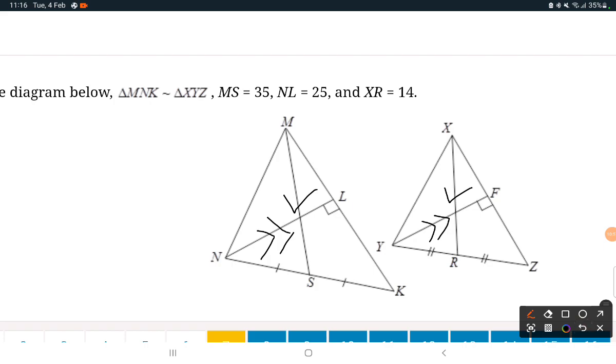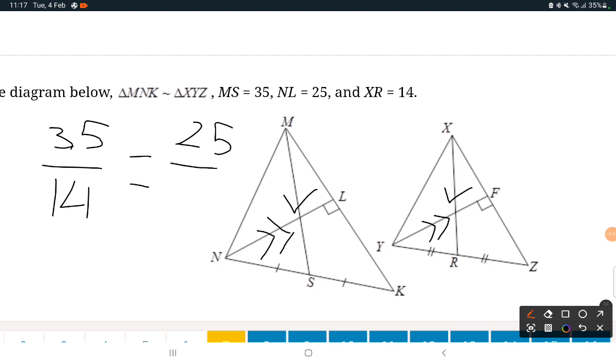Okay, so we have the proportionality theorem, MS, which is 35, over XR, which is 14, is equal to NL, which is 25, over YF.